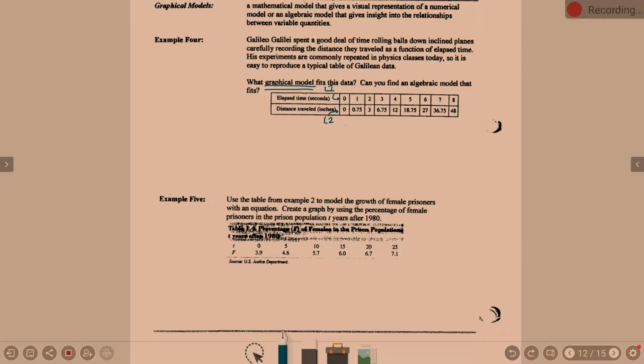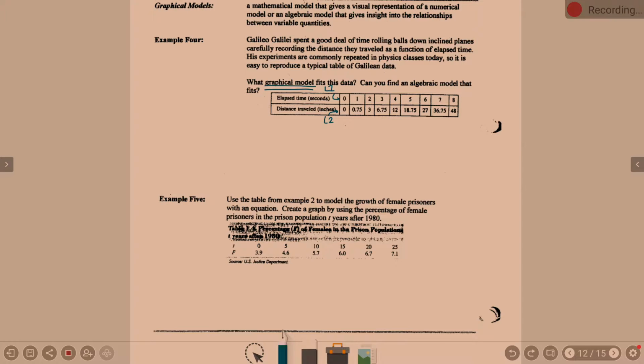Stat plot is above the y equals, so I'm going to do second and my y equals button. You'll notice right now plot 1 is off, plot 2 is off, plot 3 is off. I'm going to turn plot 1 on. I'm on 1, so I'll hit enter and go into 1. Where Off is highlighted, I'm going to click On.